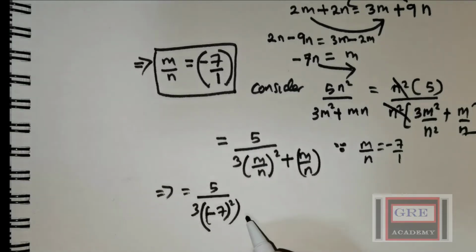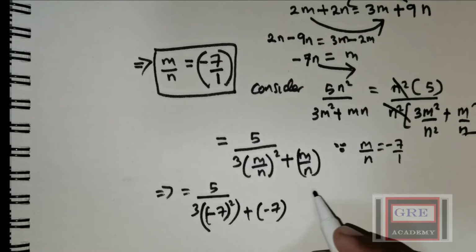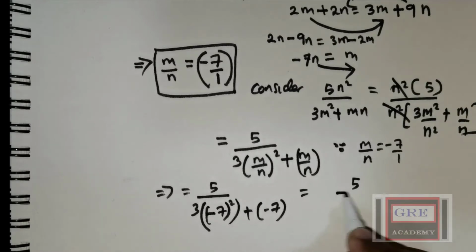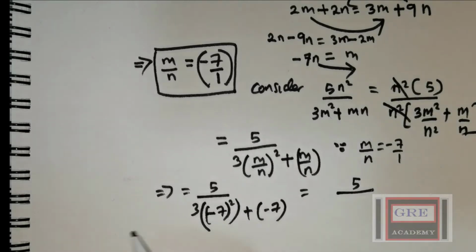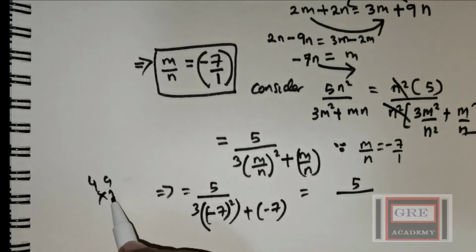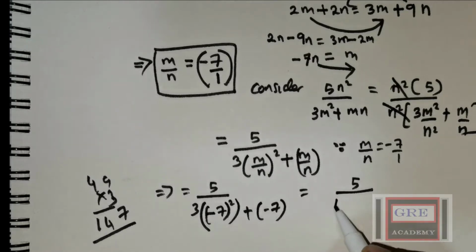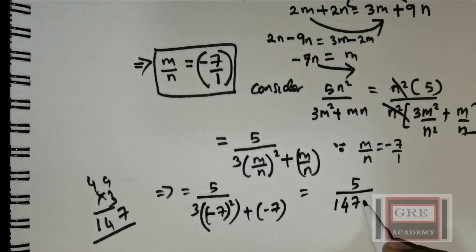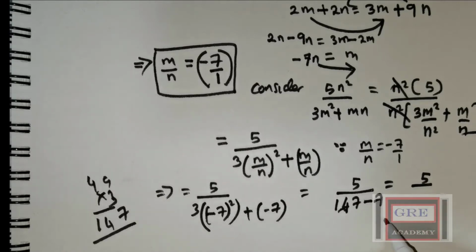Positive, negative 7 squared. So that's going to be equal to 5 divided by 7 squared, which is 49. You have to multiply by 3. 9 3s are 27, 4 3s are 12, 13, 14. 147. So 147 negative 7 will give you 5 divided by 147 minus 7, which would give you 140.